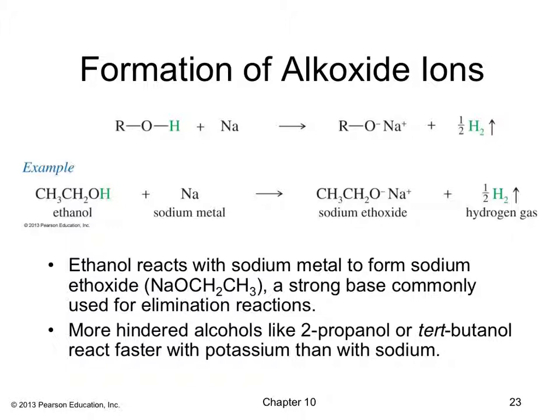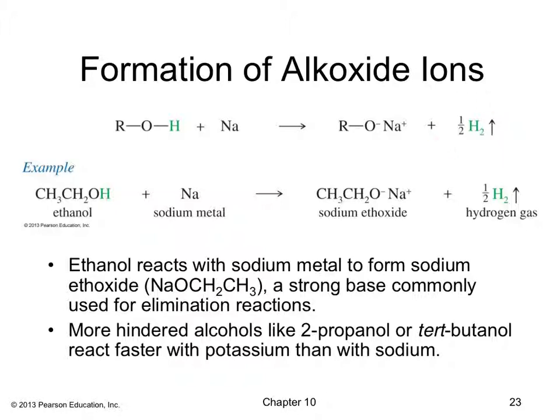So in terms of the formation of alkoxide ions, with an alcohol in the presence of sodium, sodium will want to pair up with the alcohol. The hydrogens will come off, forming hydrogen gas.